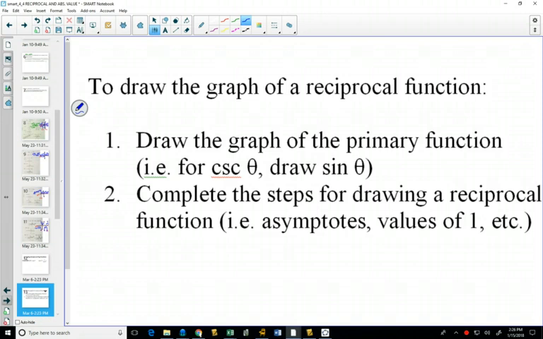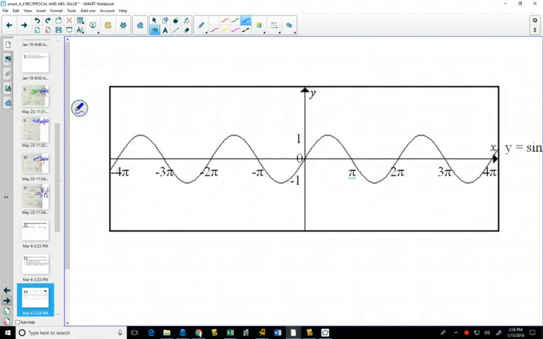So here's our first one. Our graph of sine. It's already drawn for us here. Are we going to have any vertical asymptotes? We have vertical asymptotes when? Whenever we have x-intercepts. We'll have one here. We'll have one there.